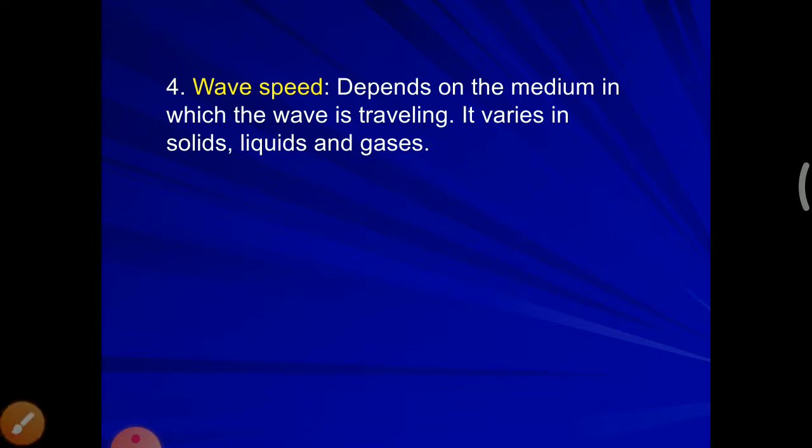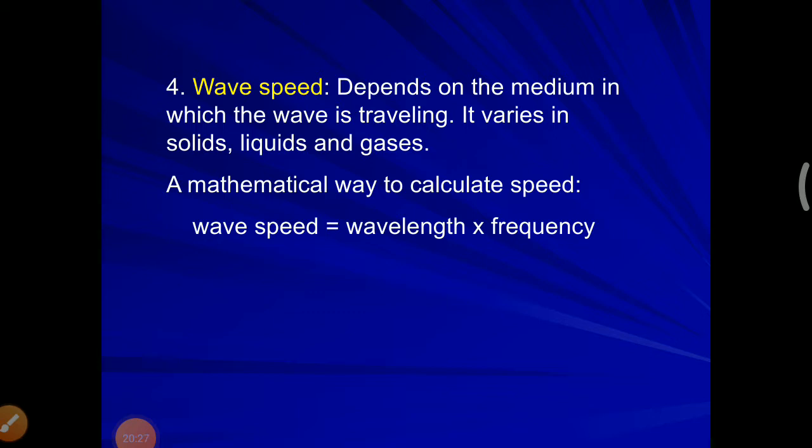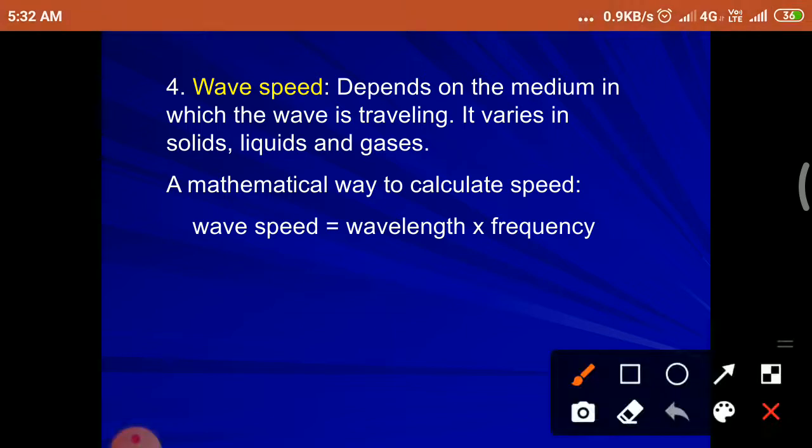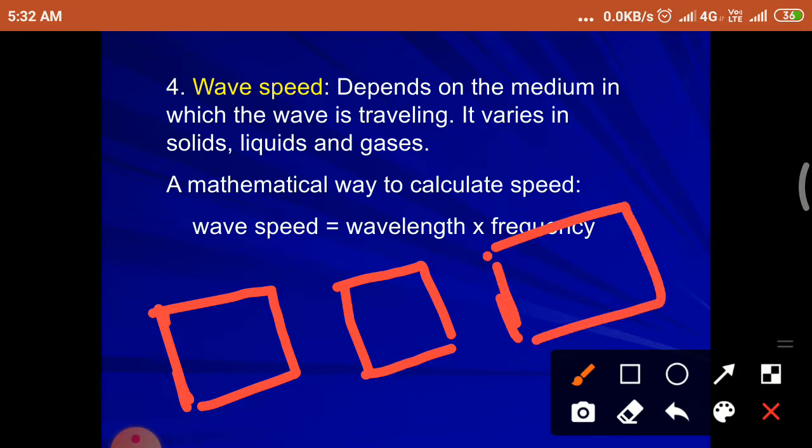The next property is wave speed. It depends on the medium in which the wave is traveling. It varies in solids, liquids and gases. If I take a solid medium, a liquid medium and a gas medium: in a solid, the wave moves very slowly.